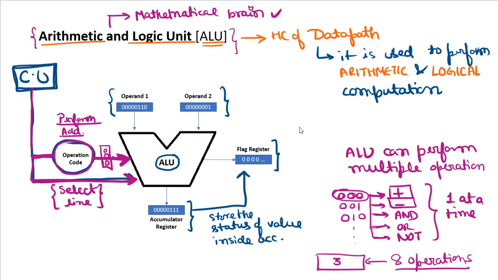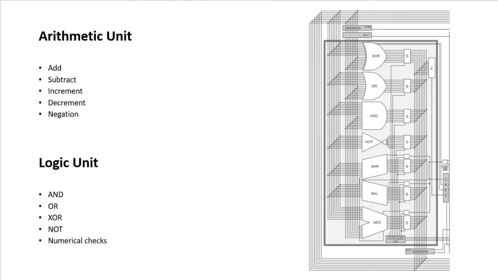Now, if we understand the fundamentals of the ALU, then we'll be able to see how the computations happen. So let's start looking into that. Since we know that it can perform arithmetic and logic computation, let's see what it means.